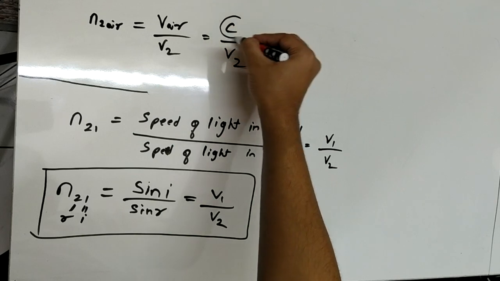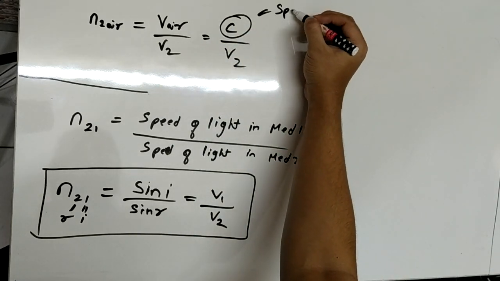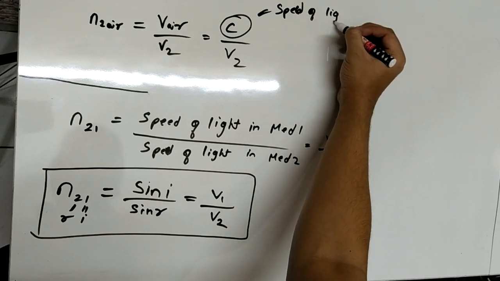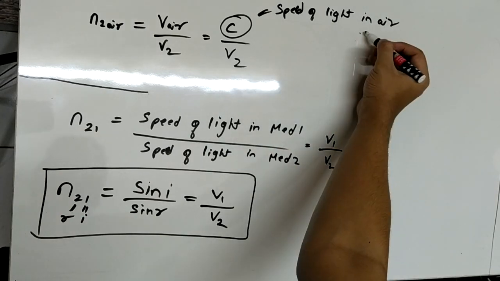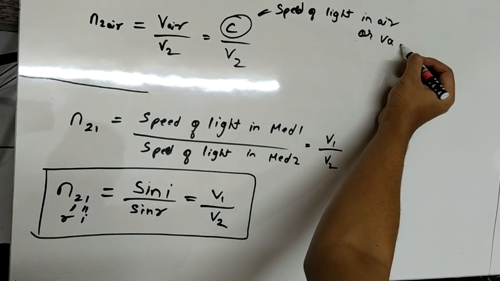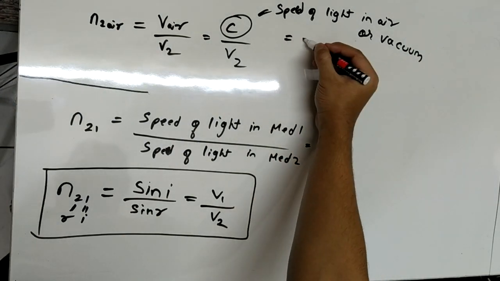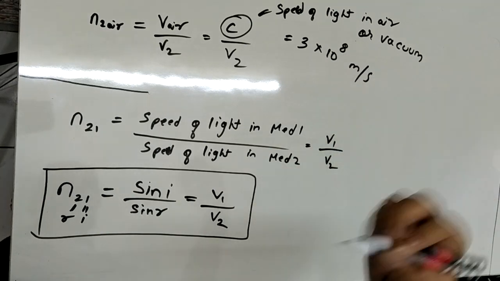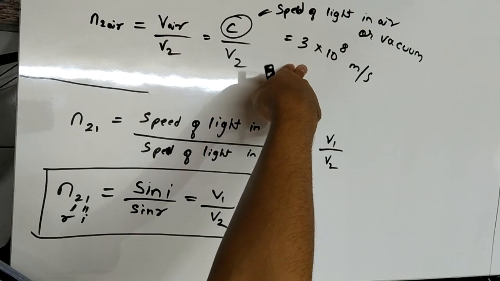This c is the speed of light in air or vacuum, and the value of c is 3 into 10 power 8 meters per second.